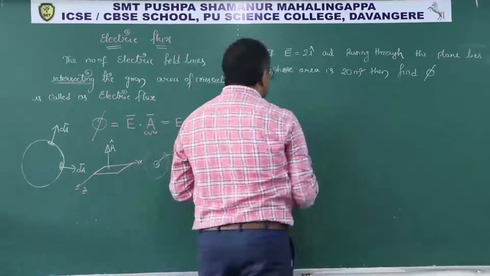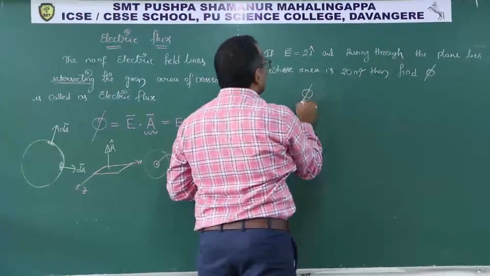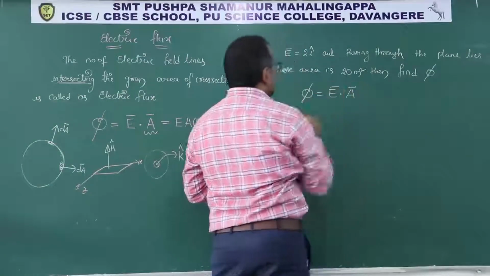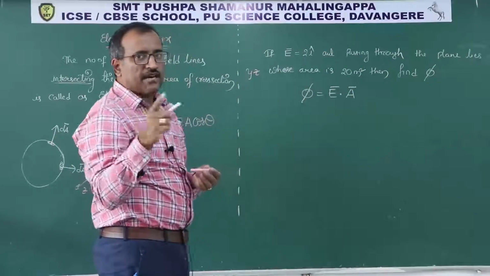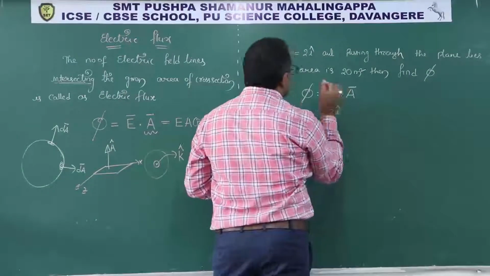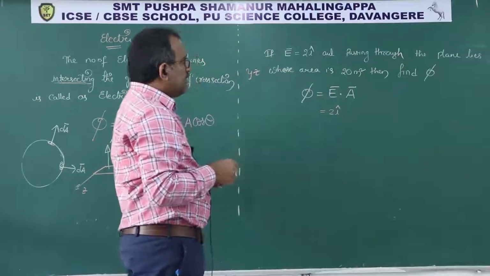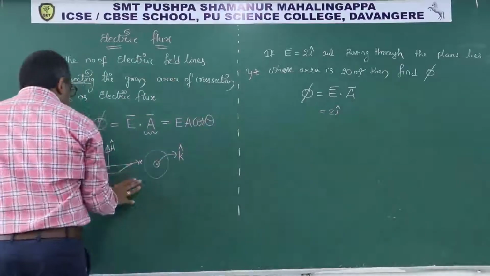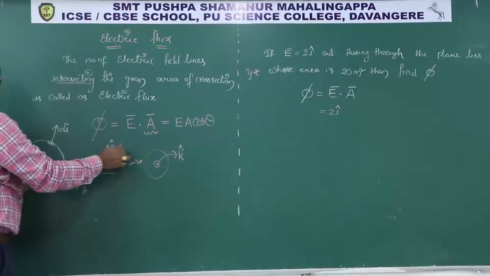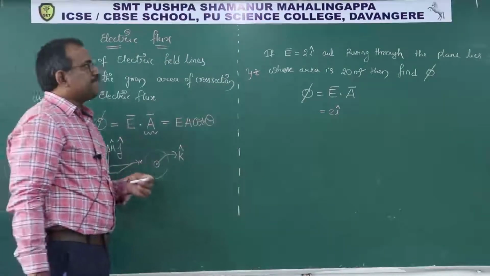Then flux will be, formula? Phi equals E bar dot A bar. That's all. What is E bar? 2i cap. What is A? You see, this is the XZ plane, where A is along the Y axis. Similarly, that is the YZ plane.